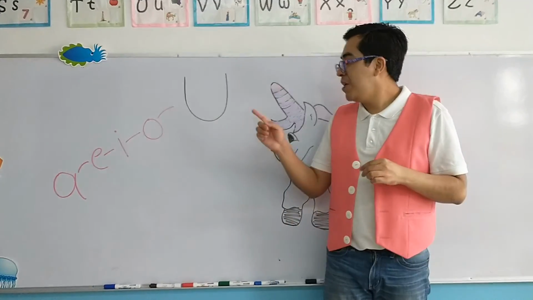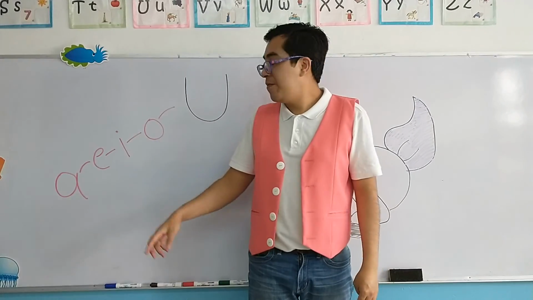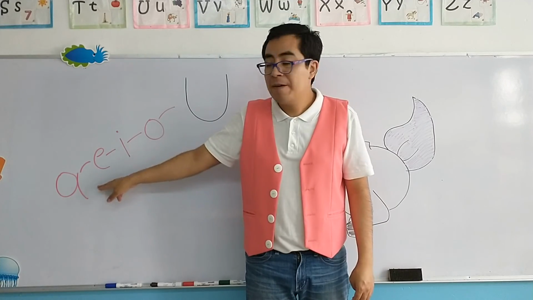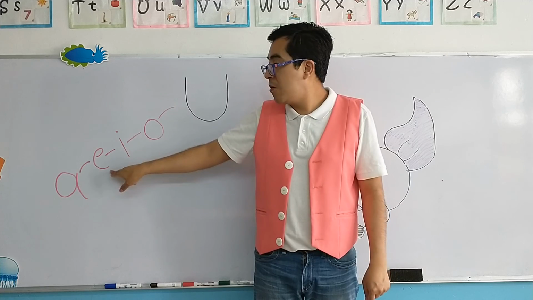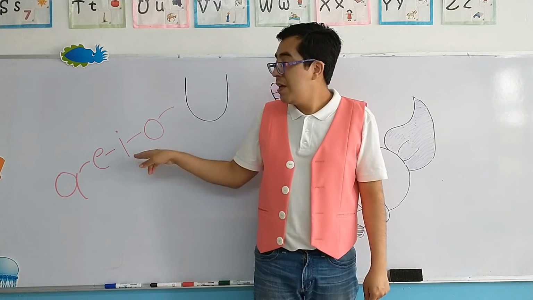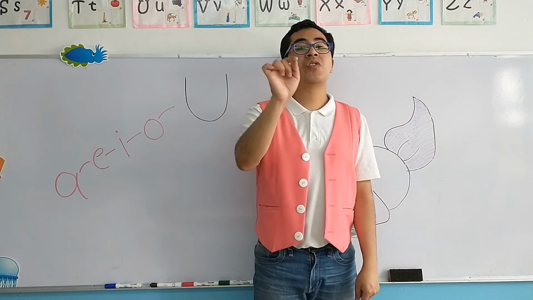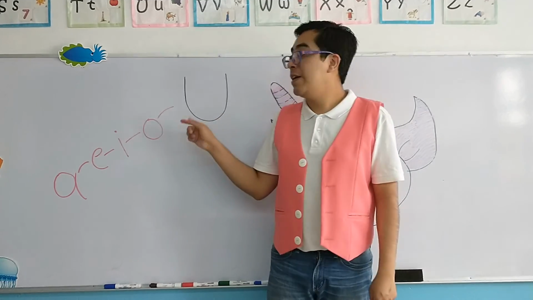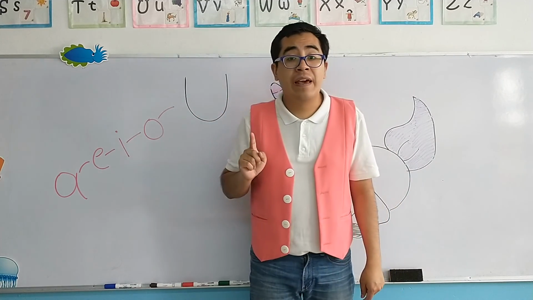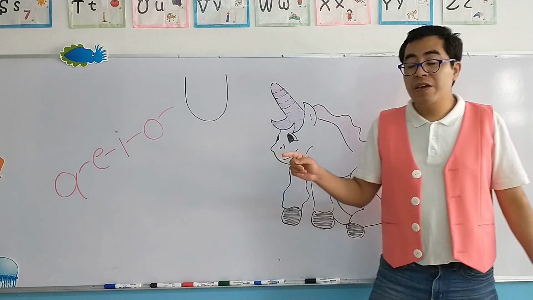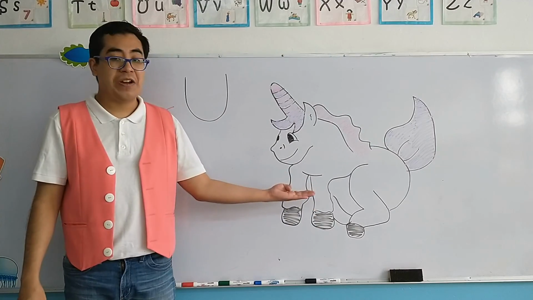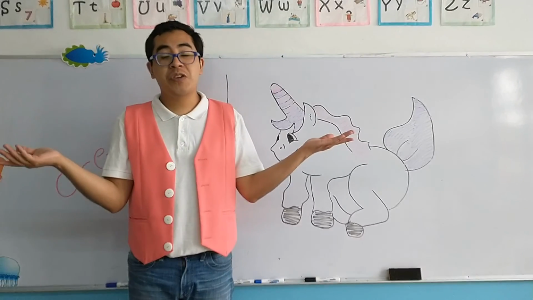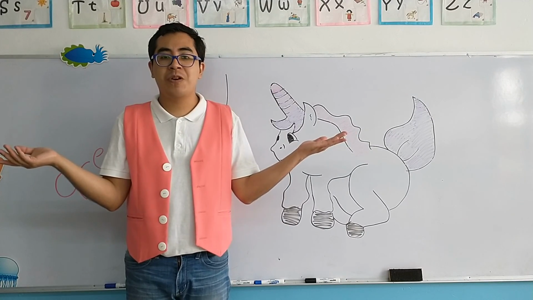So, once again, my children, here we have the vowels, letter A, letter E, like the snail, que tiene forma de caracol, letter I, letter O, which is like a circle, and finally, letter U, the letter for the unicorn, the beautiful unicorn. Now, teacher, what is a unicorn? ¿Qué es ser un unicornio?